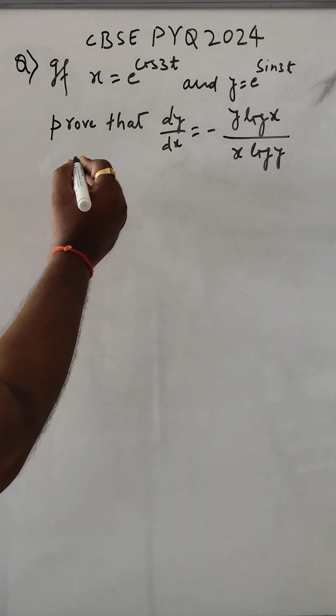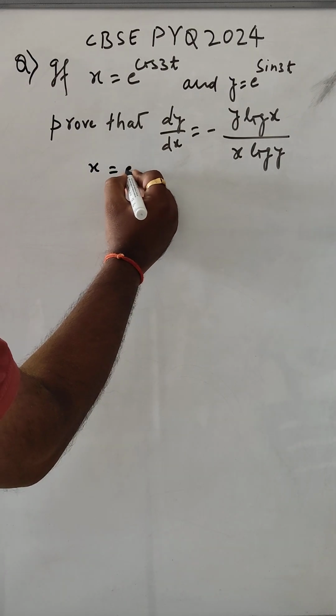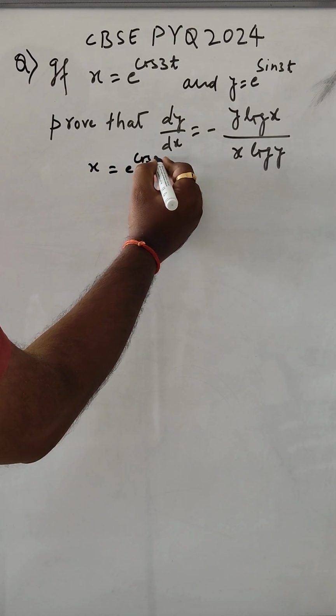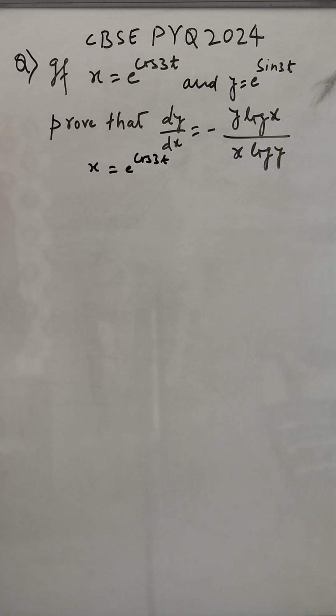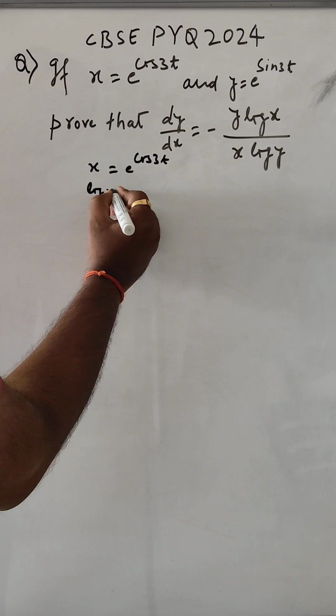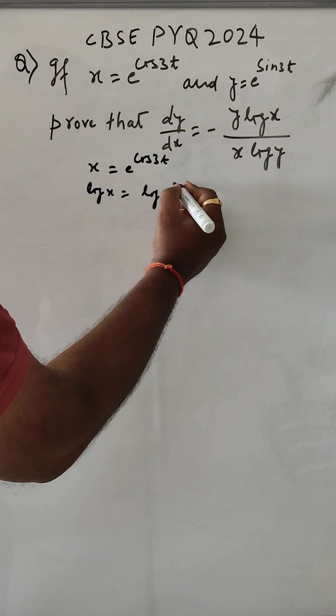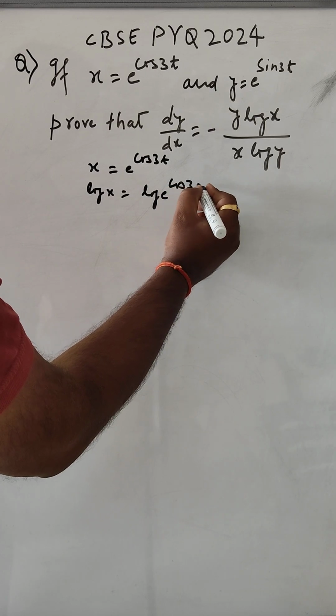So what we have is x equal to e to the power cos 3t. We will take log on both sides, so it is log x equal to log e to the power cos 3t.